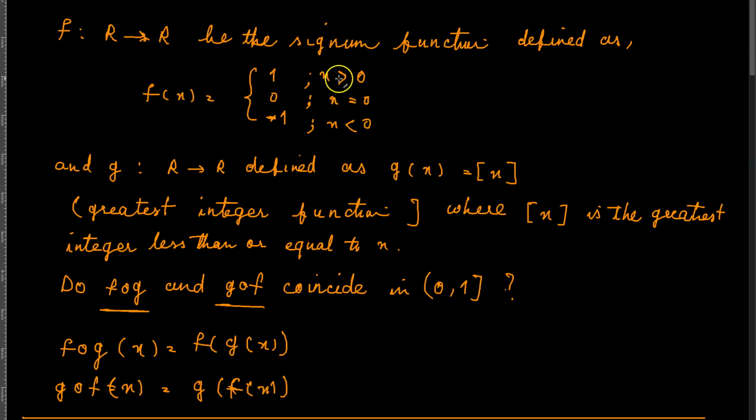And then for all the x's greater than 0, f of x is equal to 1. Which means that for all the x's between 0 and 1, here we have all the x's greater than 0, and here we have all the x's equal to 0.